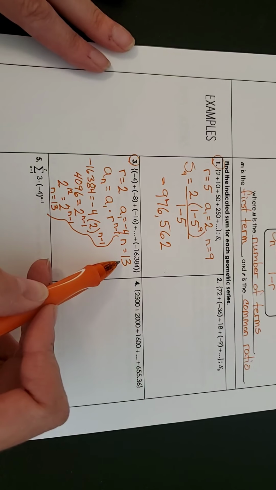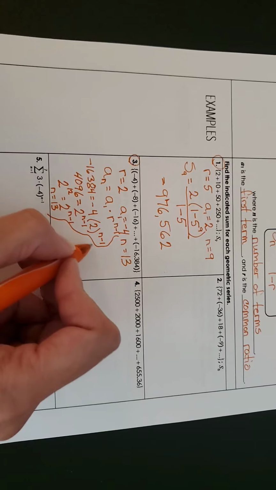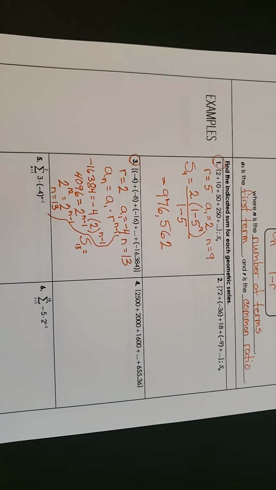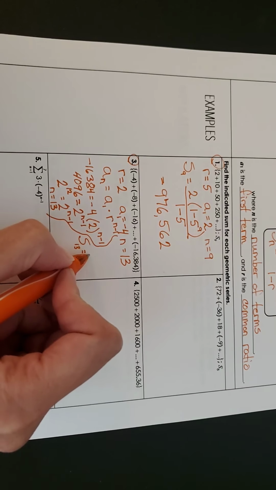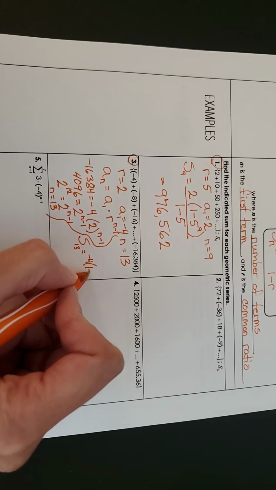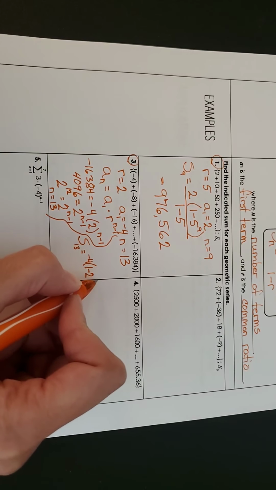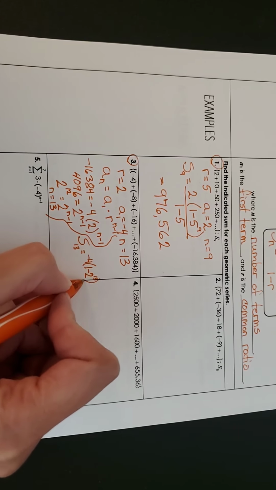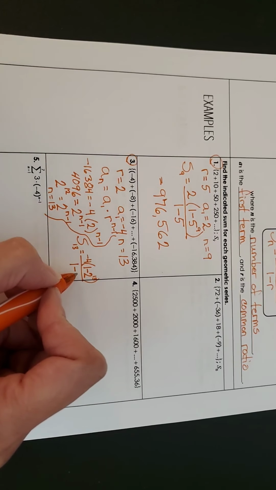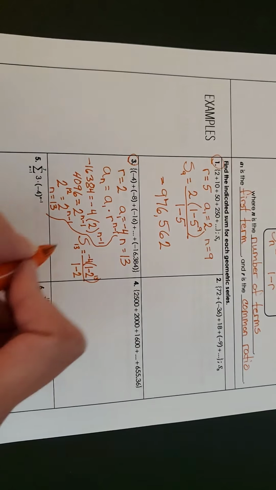So now I'm going to use my summation formula to find the sum of the first 13. That would be my first term, -4, times 1 minus the ratio to the 13th power, all over 1 minus that ratio of 2.